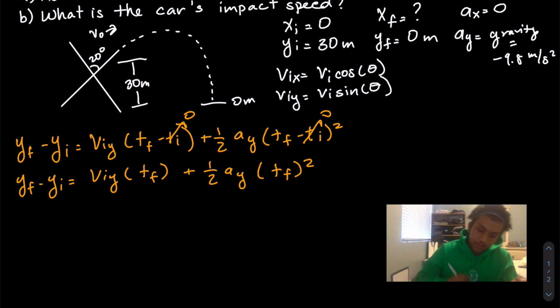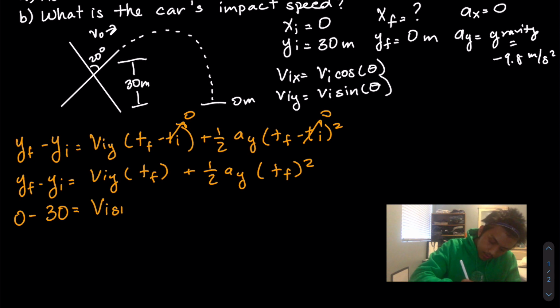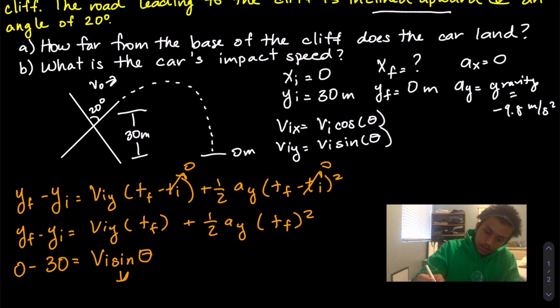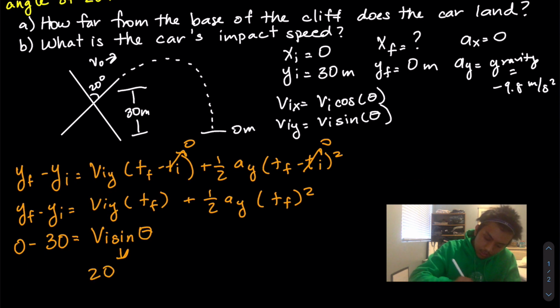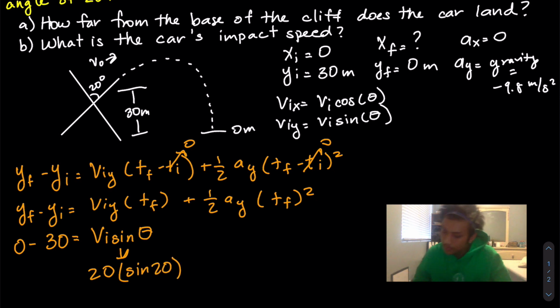So your y final is going to be 0. Your y initial is going to be 30 meters. V initial y is going to be v initial sine theta, so it's 20 meters per second times sine 20, so 20 sine 20, times t final at the end of that.